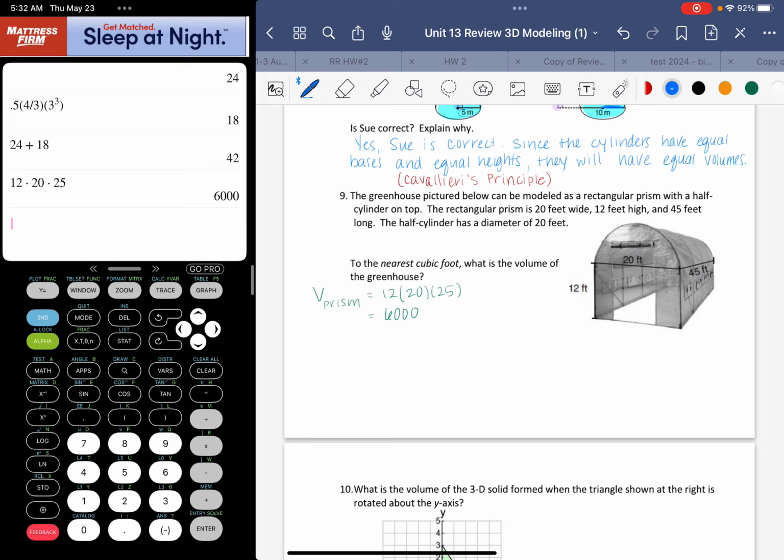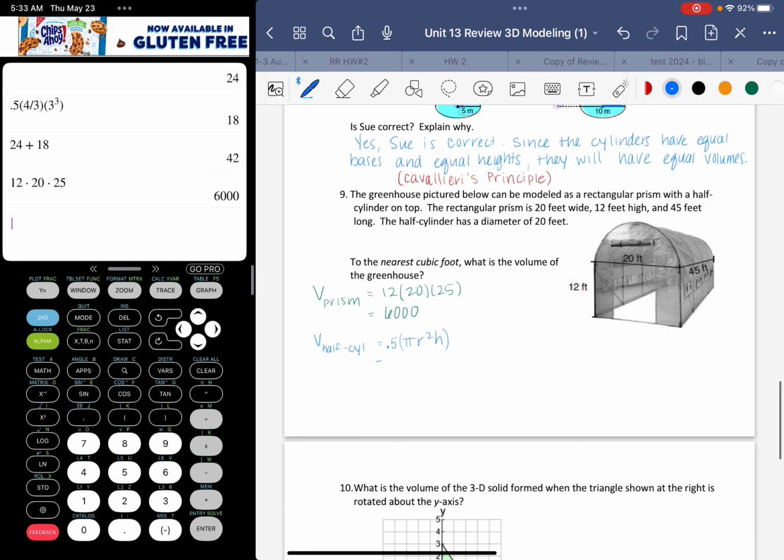All right, then the other figure was a half cylinder. So the cylinder formula was pi r squared h, but we only want half of that. So we're going to do 0.5 times that. So it's going to be 0.5 pi times the radius squared, and the radius of that cylinder would only be 10 because the diameter was 20.